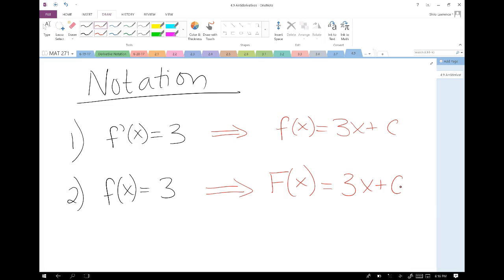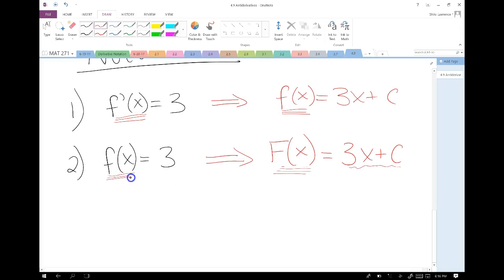Just know that if it says do antiderivative, just worry about getting the function part of the answer correct. They'll always already include that part of the answer in the problem for you, so you don't really need to worry about that part. But if the original part has f prime, then your answer is going to have f because you're undoing that derivative. If the original problem uses f as the derivative, then the antiderivative is going to be capital F.